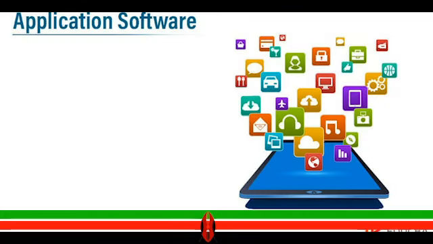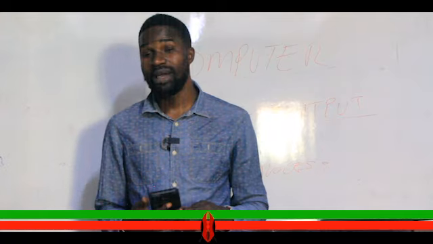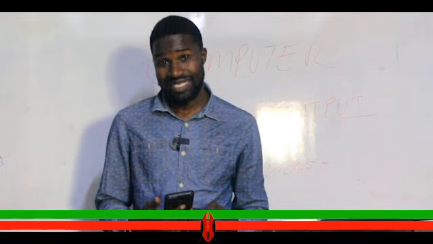This is known as application software. That's why we call them apps, mobile apps. Any software that you install in your mobile phone is called application software. The software that came with your mobile phone is called system software.